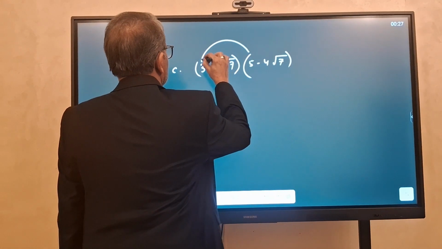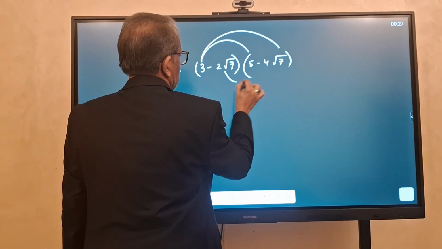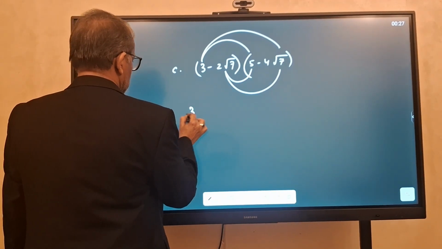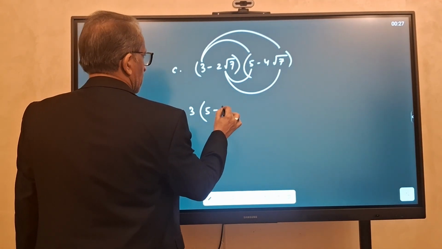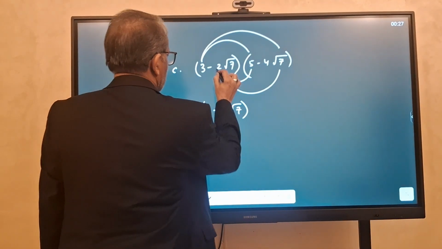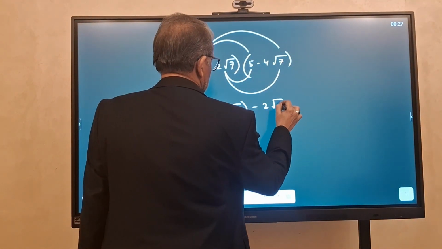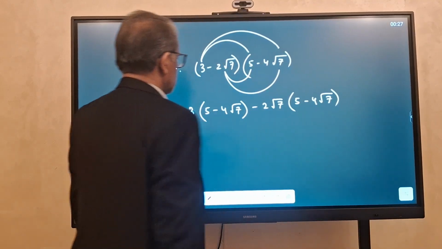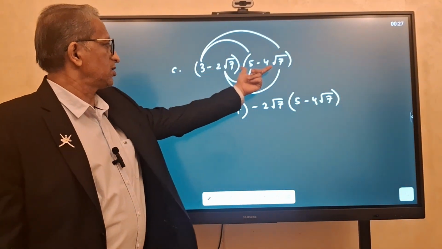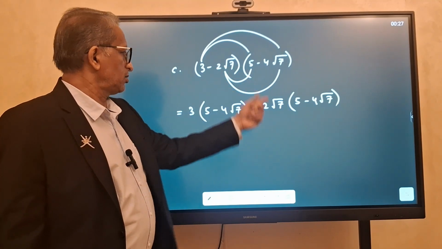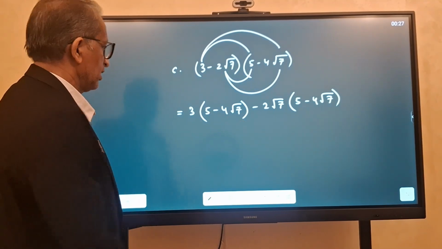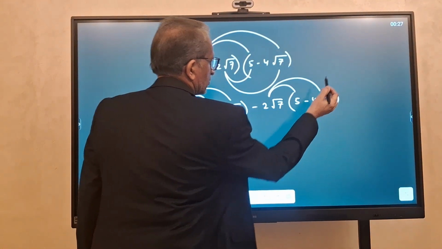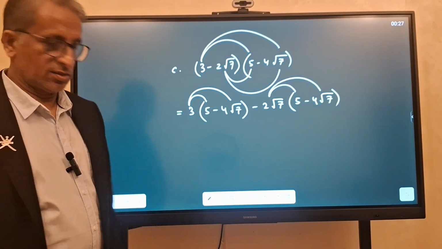This 3 with this and this, and this one with this and this. So it is 3 times 5 minus 4 root 7, minus 2 root 7 times 5 minus 4 root 7. First 3 with these two, minus this into these two. Then open the bracket, that is, distribute, and find the answer.